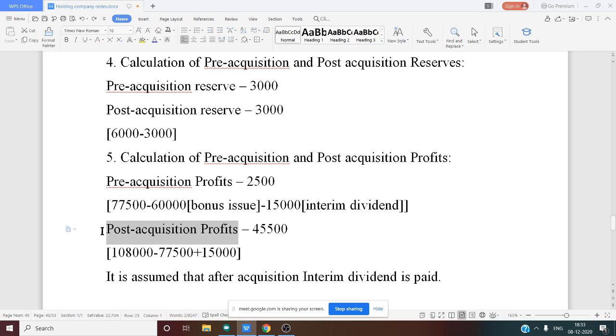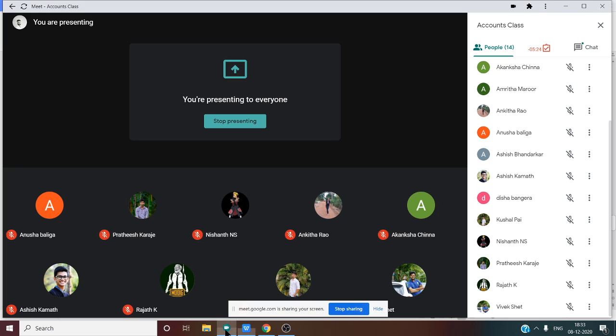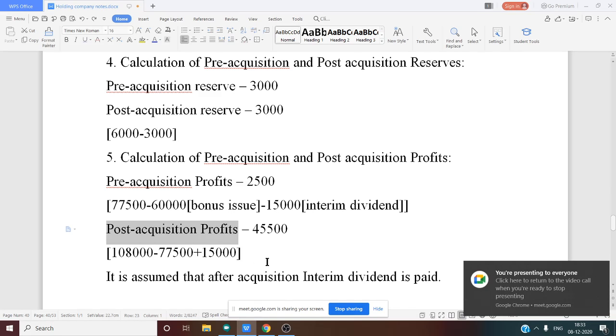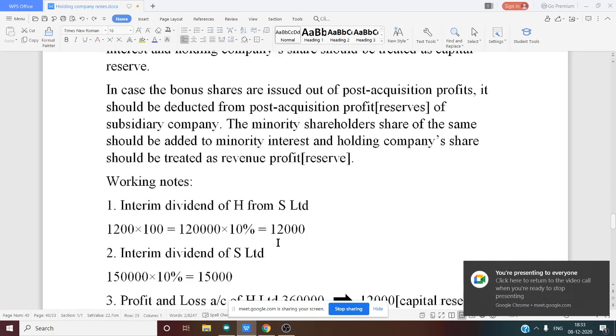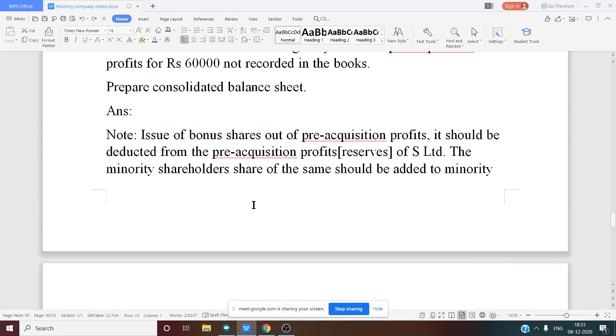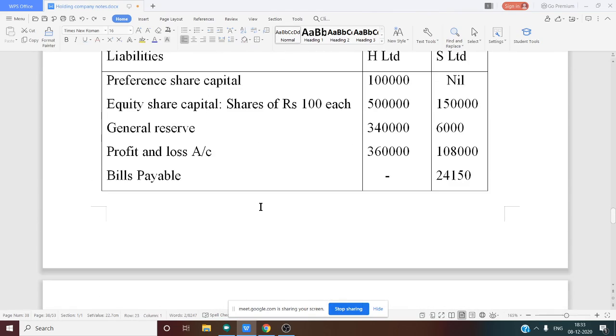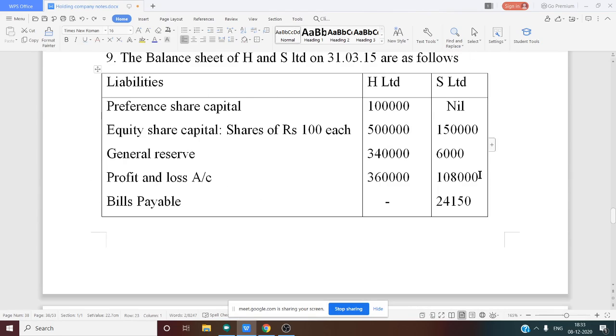Now what happens? There is post-acquisition profit also. Now, post acquisition profit, you know, total profit we want. Total profit of what? Total profit of the subsidiary company. So, once again, we will see the question now. Total profit of subsidiary, where is it given? See this. Profit and loss account of subsidiary company 1,08,000 is given, isn't it? So this is the total profit of subsidiary.